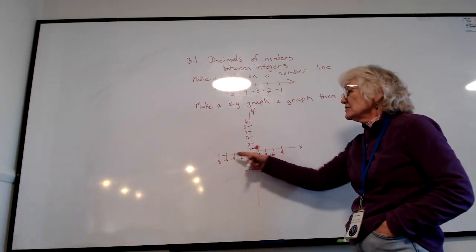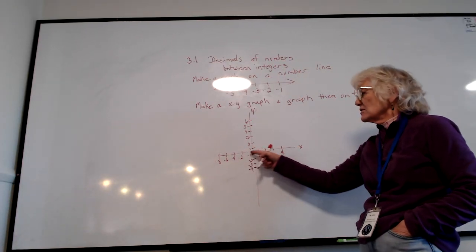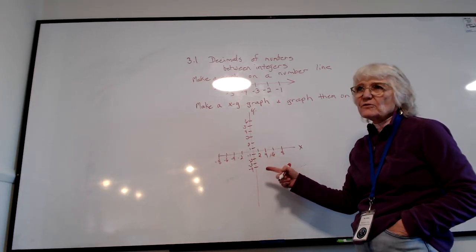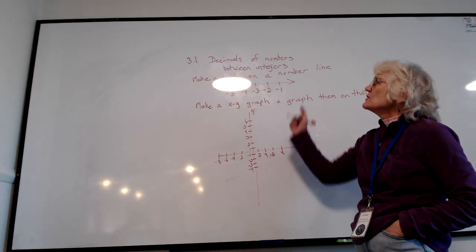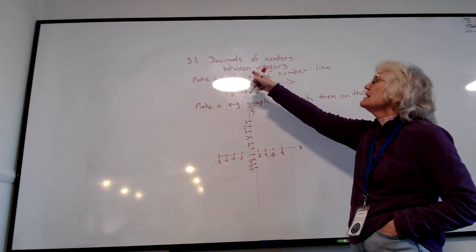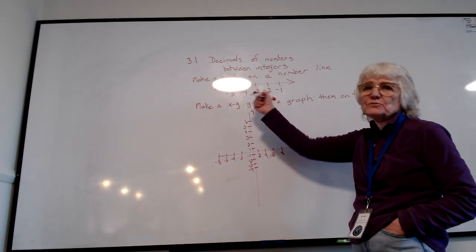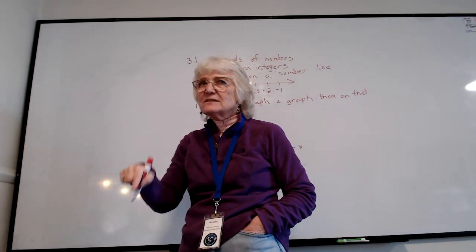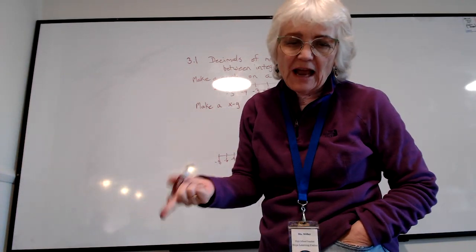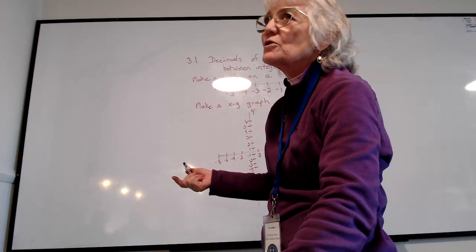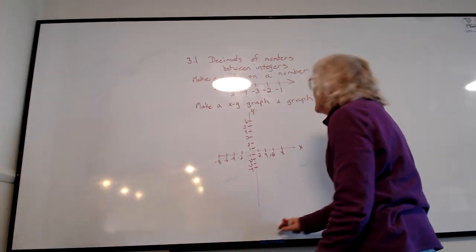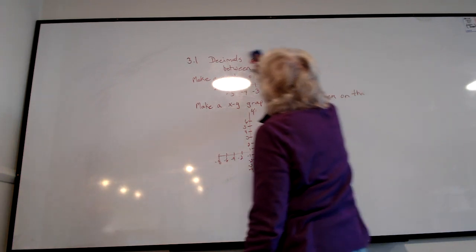So we can change them on the axis as long as on one axis they're always the same. And then we can graph them from that. So that's our goal, plotting decimal numbers between integers. If we have fractions, we're going to make them into decimal numbers. If we have other things, we're going to put them into numbers. Okay. So let's start.